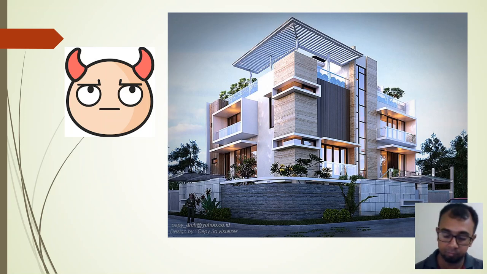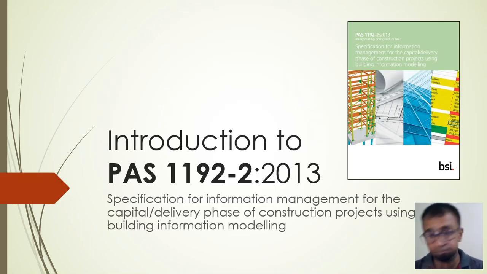Today what I'm going to share with you is a document that was produced in the United Kingdom with their BIM strategy. The document is called PAS 1192-2 of 2013.